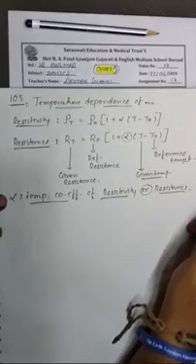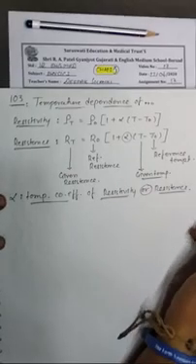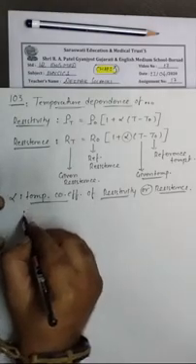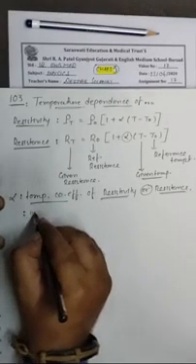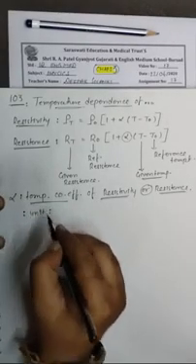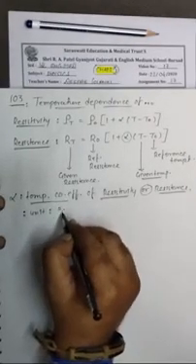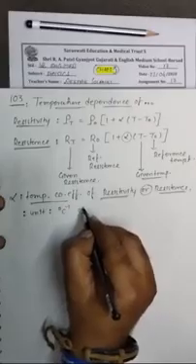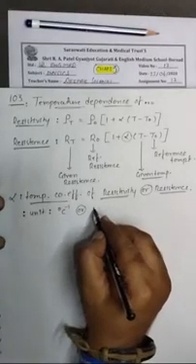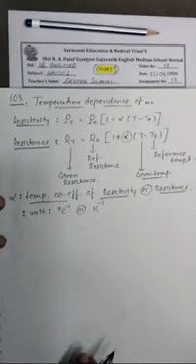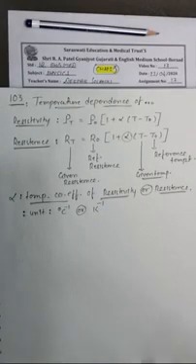See, this term is most important for MCQ or logical questions. So many times it is asked, what is its unit? The unit of alpha is degree Celsius inverse, or if the temperature is given in Kelvin, then it has unit Kelvin inverse.